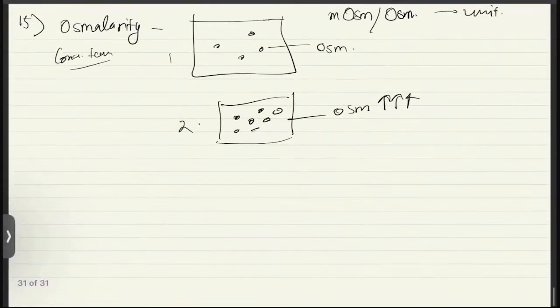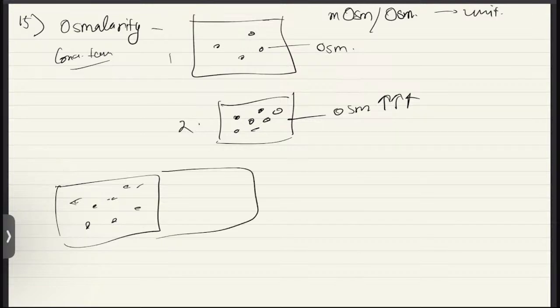This is a solution and you are separating it from a pure solvent. Now this separation will try to exert a pressure over the pure solvent. Why? Because these solute particles are moving here and there, and they want to enter this free zone because there is no solute over there. That's why they push the membrane between them.